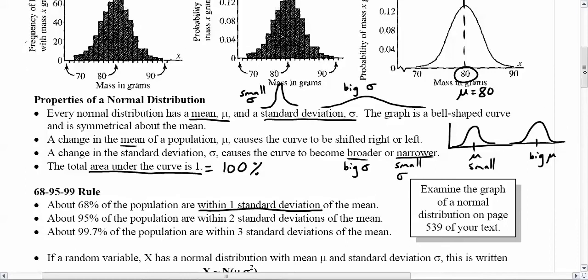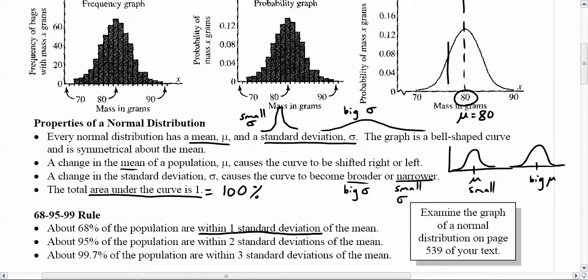So what that means is that if I take my graph and I go 1 standard deviation, 1 sigma, left and right from the middle, the area under that part is about 68% of the total area. 95% of the population are within 2 standard deviations. So if I go across again, another standard deviation, you can see that I've pretty much got the whole area under the graph by that point.